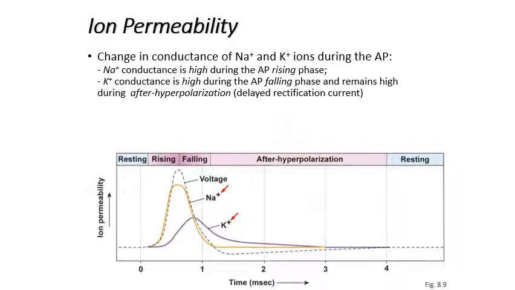There's very little moving in. Just as sodium's getting stopped, we start getting potassium moving out. So it is those ion movements that are causing these changes in the membrane potential, and the ion movements are controlled by the opening and closing of those voltage gated channels.